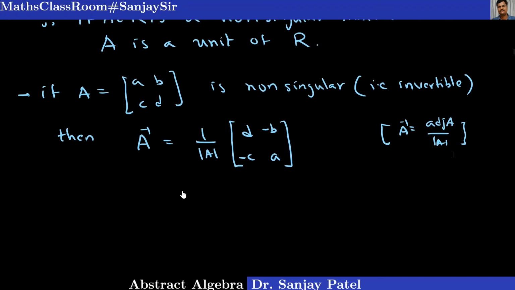So we have proved that the ring of matrices is an infinite non-commutative ring with unity element. Let me conclude finally with a remark.